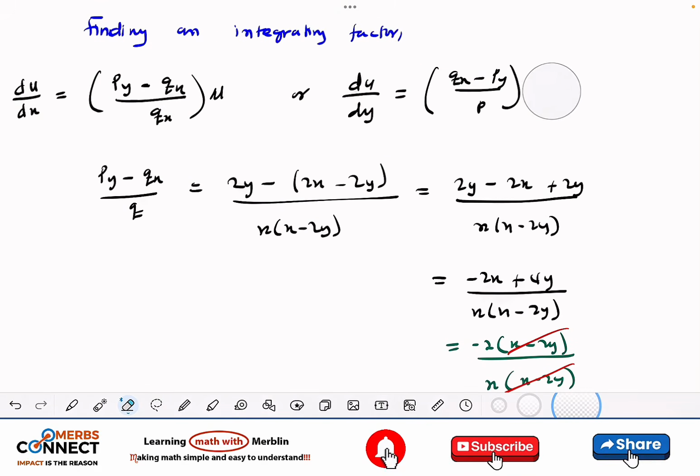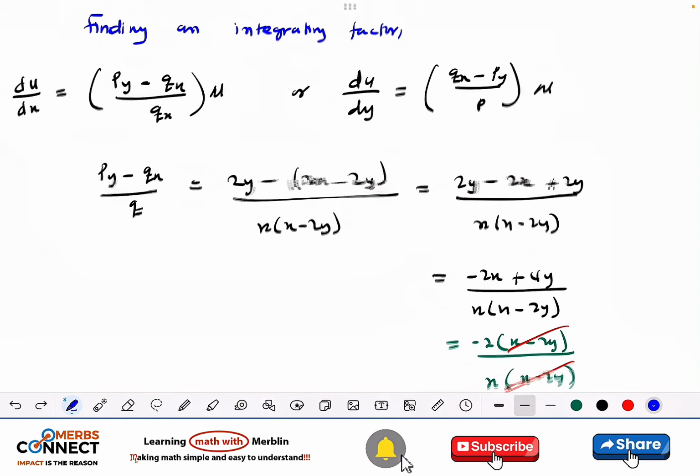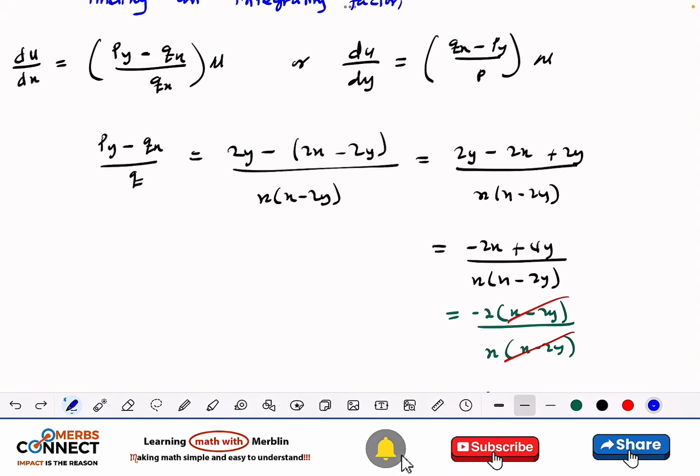So we can just clean this one out, or we can try and see if this is going to work. So let's see. If one works, the other one is definitely not going to work. But let's try it and see. Q x minus p y divided by p is equal to, so q x is 2x minus 2y minus p y is that.